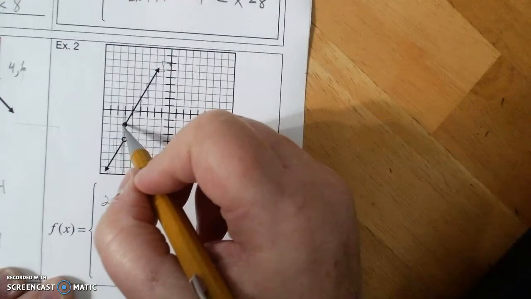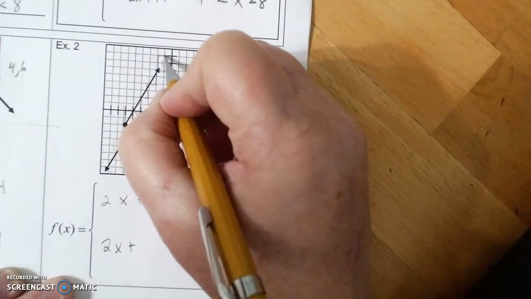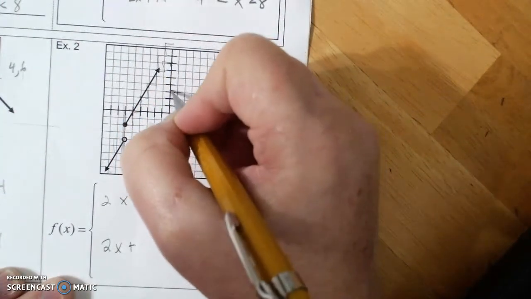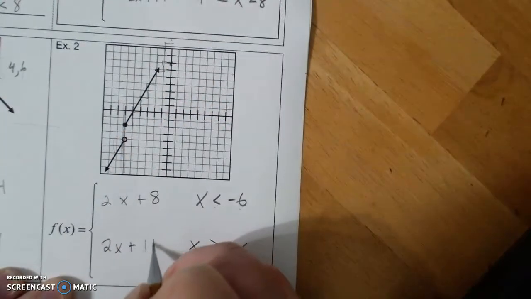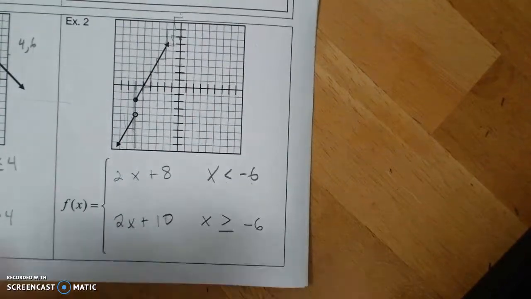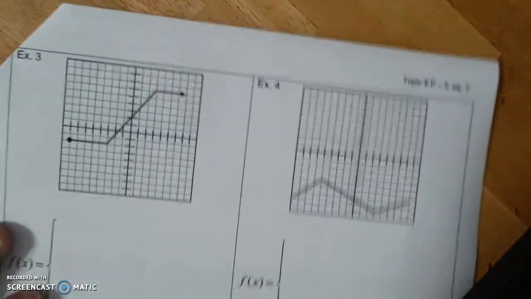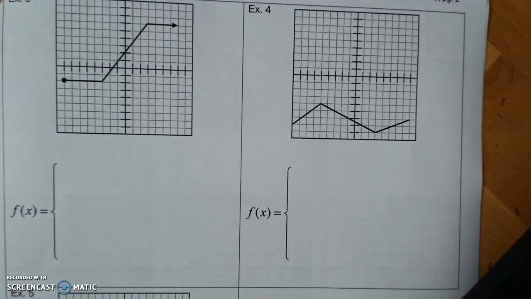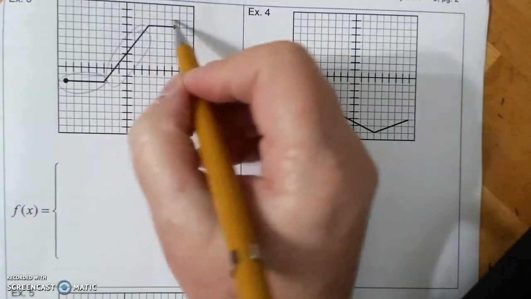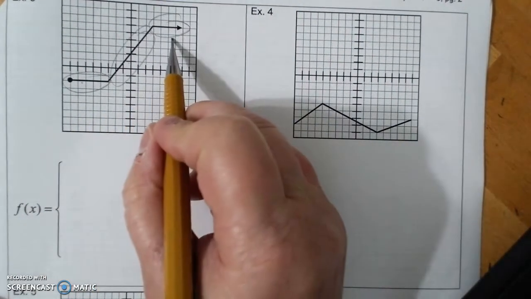And then this one is also 2x plus, and if I follow this one, that's at 10. Every time you make a turn, you must have another equation. So I'm going to have an equation, an equation, an equation. I have a segment, a ray.